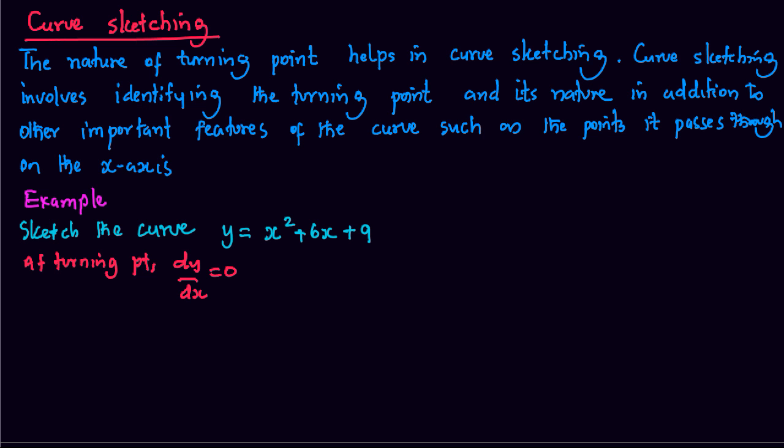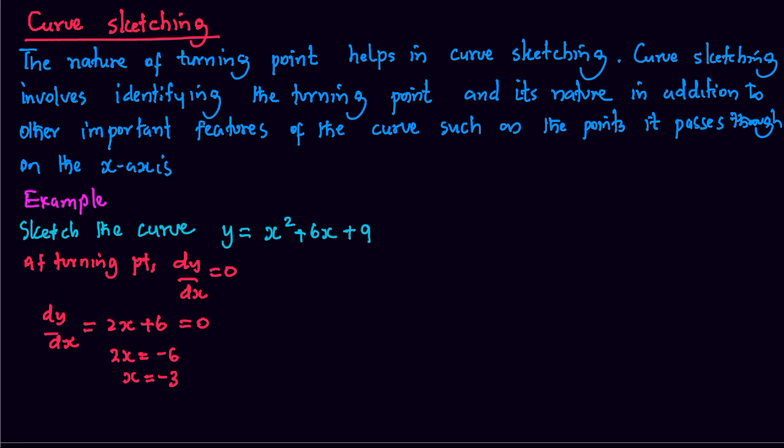So we need to get the gradient function of the curve. Dy over dx will be 2x plus 6. And this should be equal to 0 at turning point. So 2x is equal to minus 6, and therefore x is negative 3.